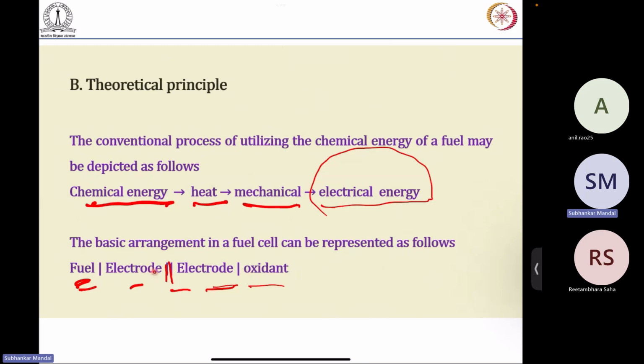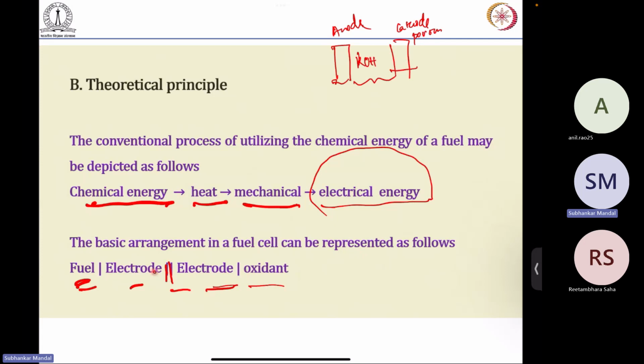Okay, and so basically you have the porous cathode, and you have the anode, and in between you have the electrolyte, that is KOH solution.